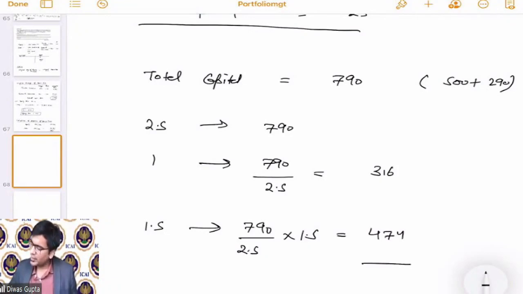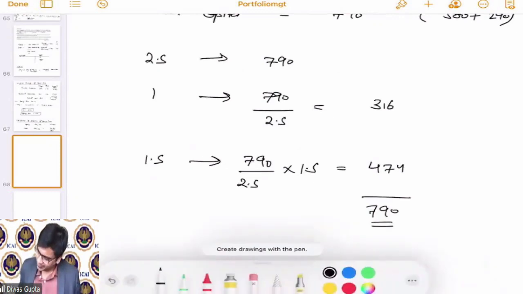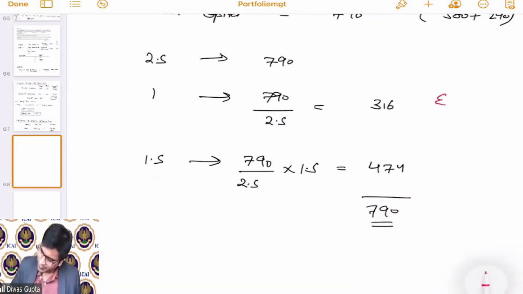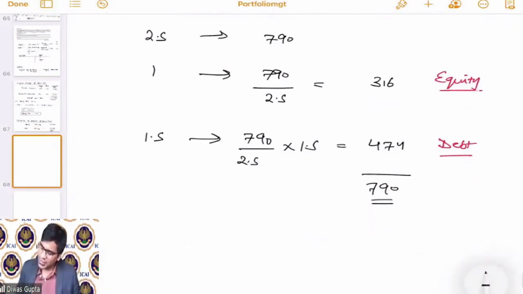Now if we total this, 316 plus 474 equals 790. So this is the revised composition on equity, and this is the revised composition on debt. Hence the overall capital structure has changed. Now let us see what the change is.